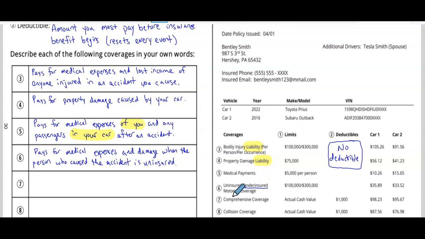All right, item 7 is comprehensive. This pays for damage to your vehicle that is not caused by an accident.